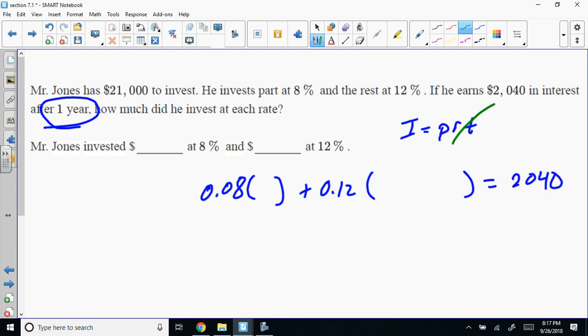So how much did we put in at 8%, guys? Yeah, we put X in, right? Sure enough. Now, how much did we put in at 12%? 21,000 minus X, right?